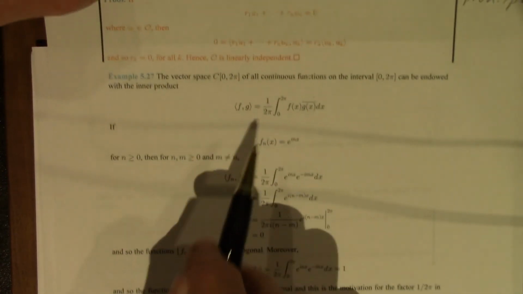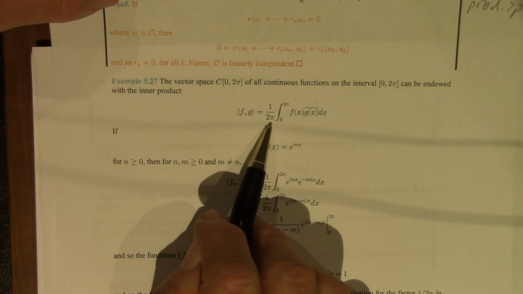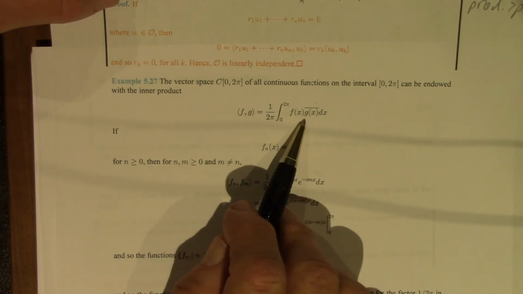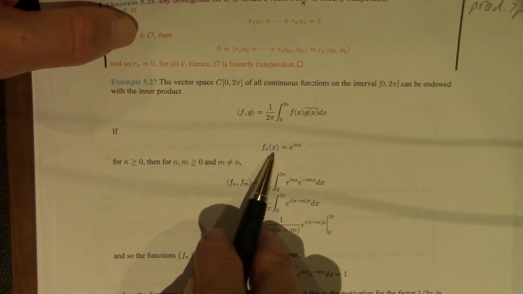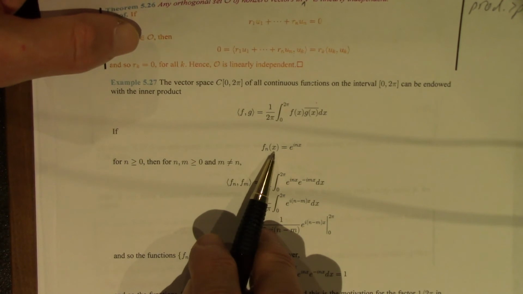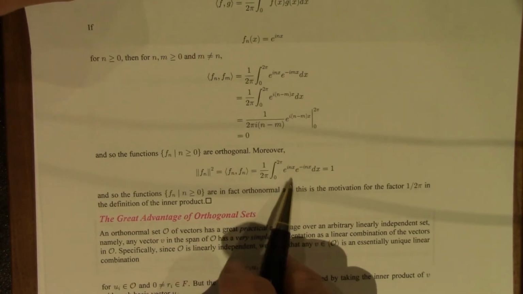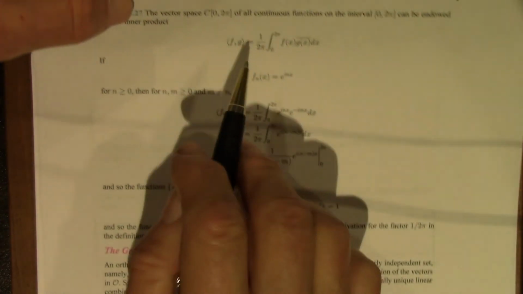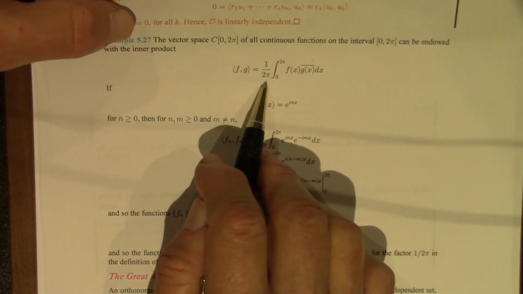And this is why it is customary to put this constant 1 over 2 pi in front of the integral. Without this constant, it's still an inner product, but these functions are not unit length. Okay. This is a common technique, you might say, and we'll see it again soon.